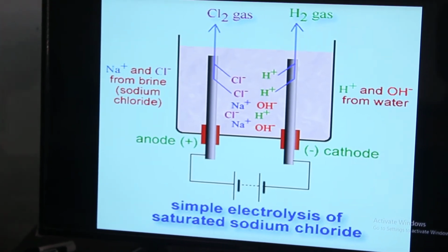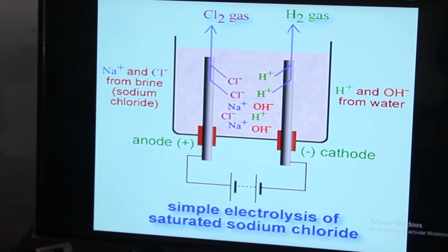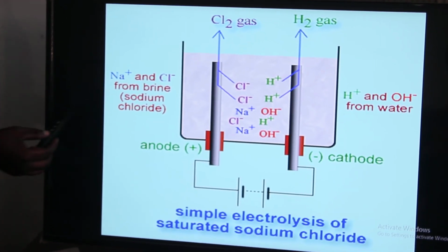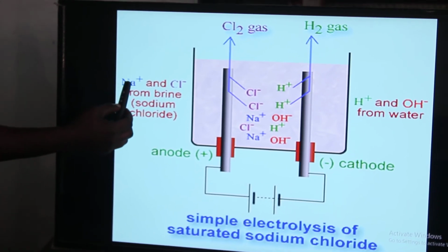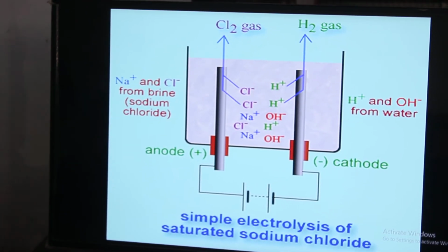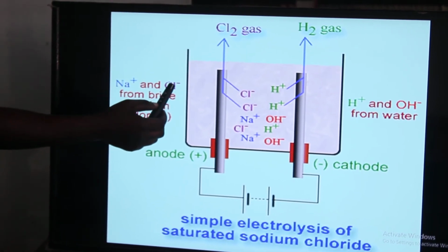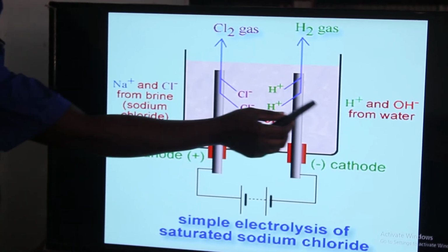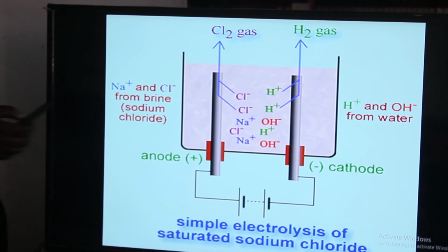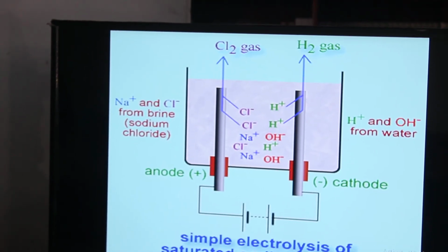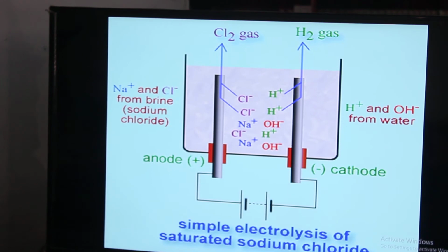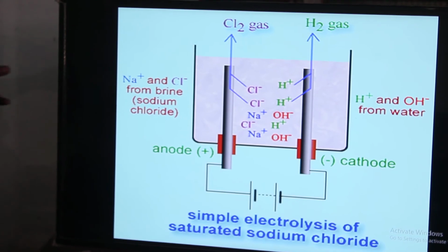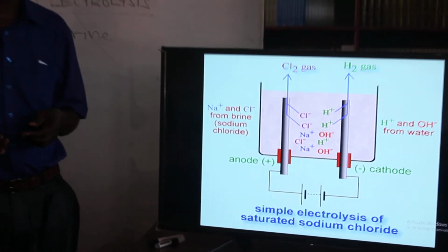We dissolved sodium chloride in water. So the ions which come from the sodium chloride as the ionic compound are the sodium ions and chloride ions. These are from the sodium chloride solid that we dissolved. Then hydrogen ions and hydroxide ions are the ones which come from water.